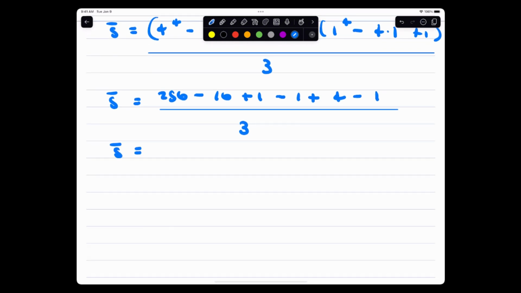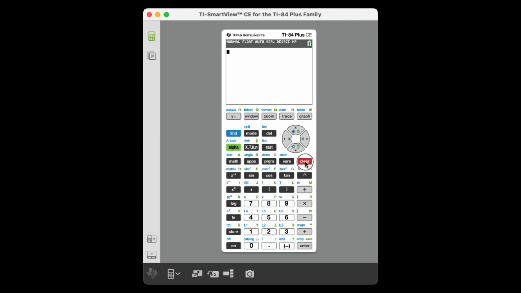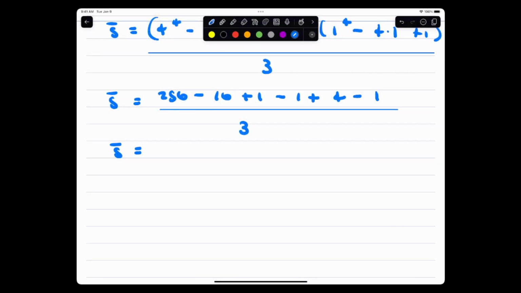So the average speed will be, what is that going to be? 240, I think it's 243.